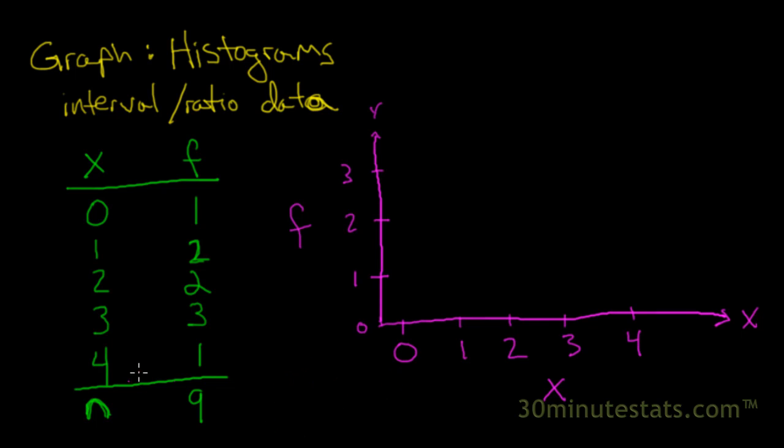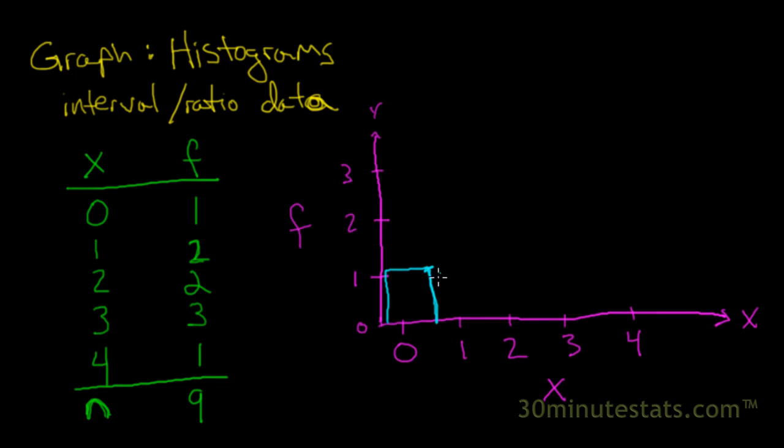Now, to create our histogram, what we need to do is create vertical bars at each value of x that represent the frequency. So the height of the bar relates to the frequency of the observation. So there's one value of 0 in our data. The value on x of 0 has a frequency of 1, and so we'll create a bar at 0 that goes up to 1.